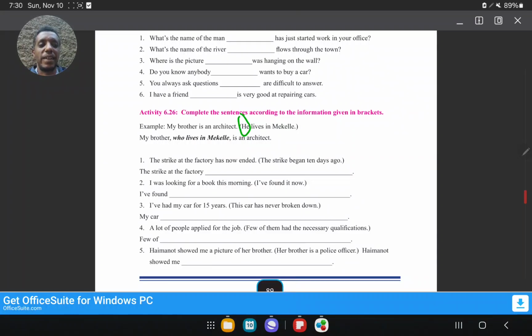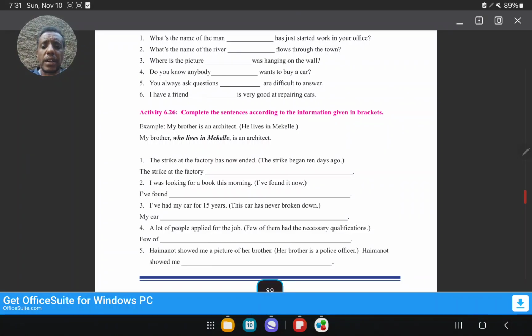Perfect. Now let's see question number 1, sorry. The strike at the factory has now ended. The strike began 10 days ago. So the strike at the factory, that is the beginning of the sentence. So how do you end this?